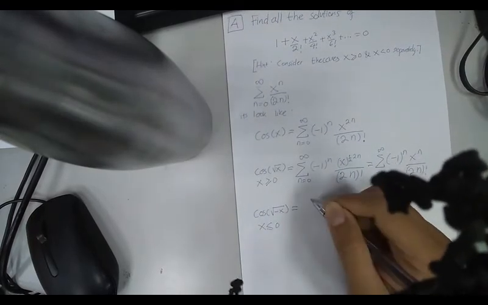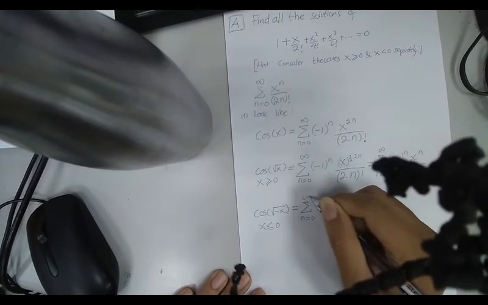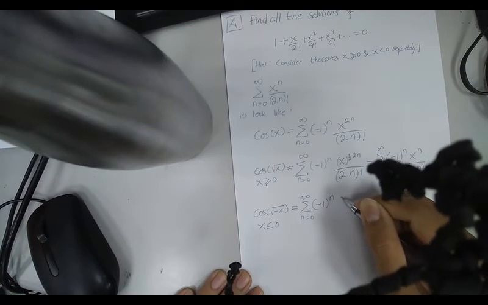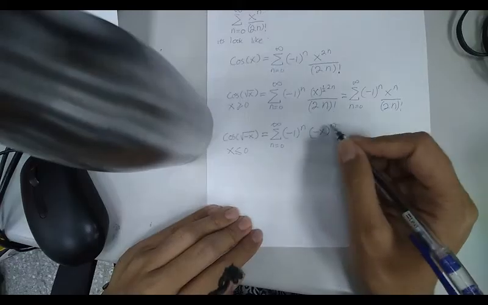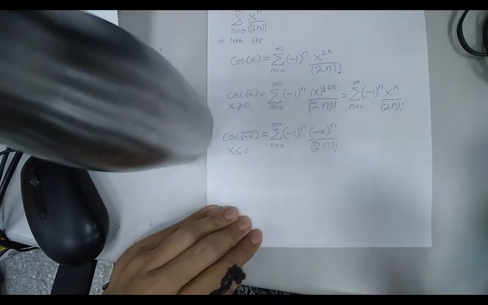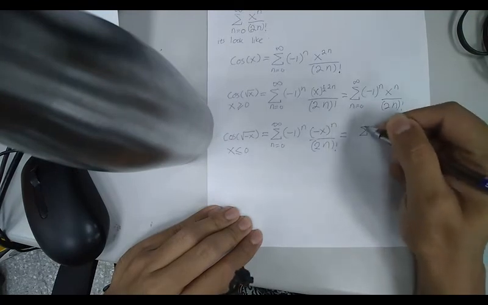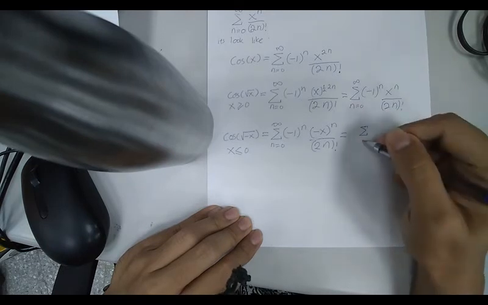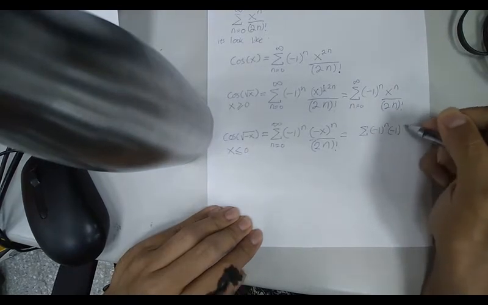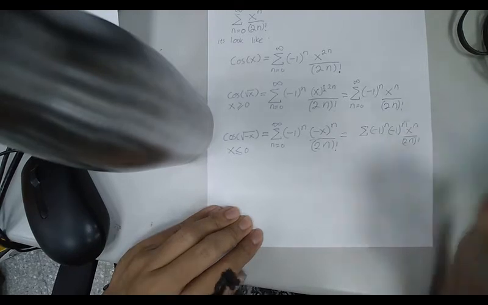And this one will become the summation from 0 to infinity of minus 1 to the power n, times minus x to the power n over 2n factorial, which is the same as sigma of minus 1 to the power n times minus 1 to the power n, x to the n over 2n factorial.